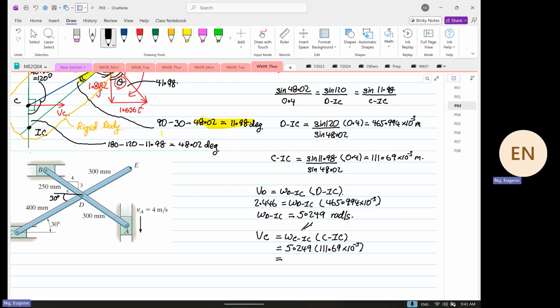So 5.249 times 111.69 times 10 to the power minus 3 is equal to 586.261 times 10 to the power minus 3 meters per second.